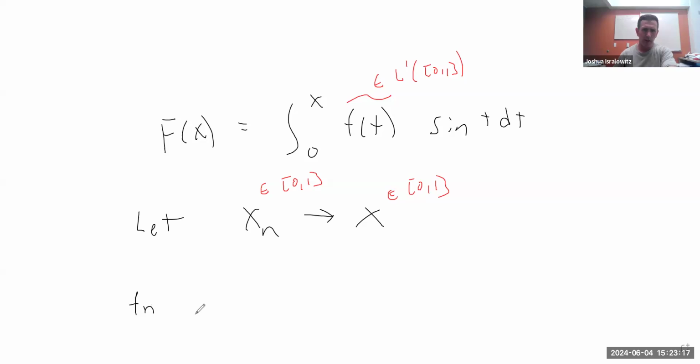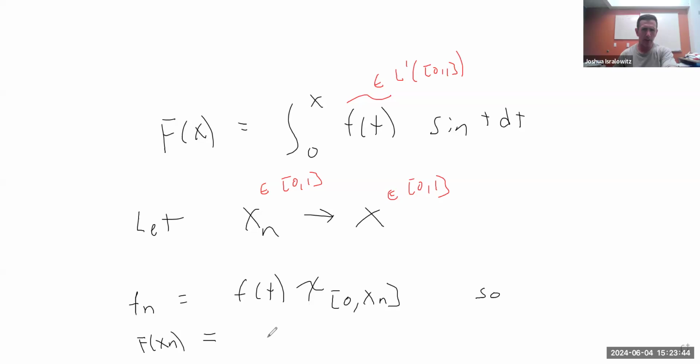Let's say Fn is simply f of t times the characteristic function of 0 to xn. It is definitely a trick you've got to nail down.